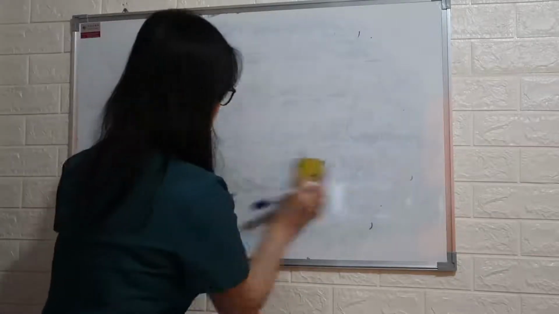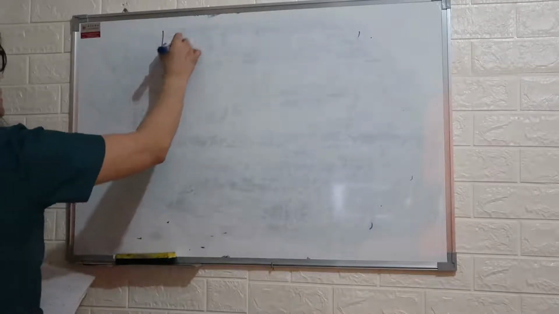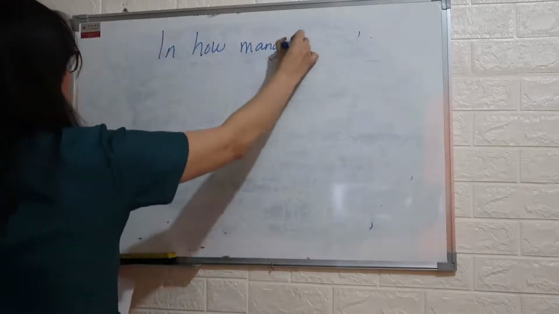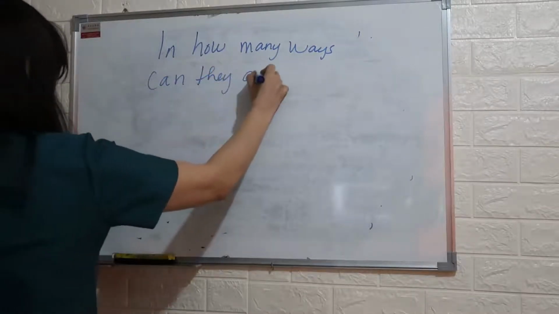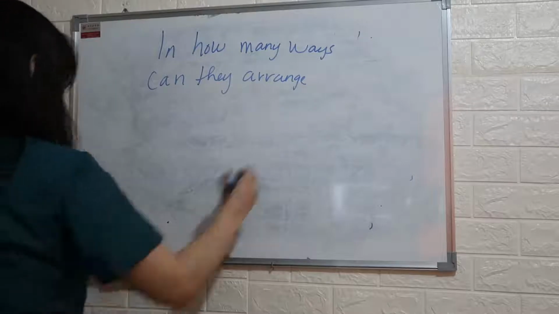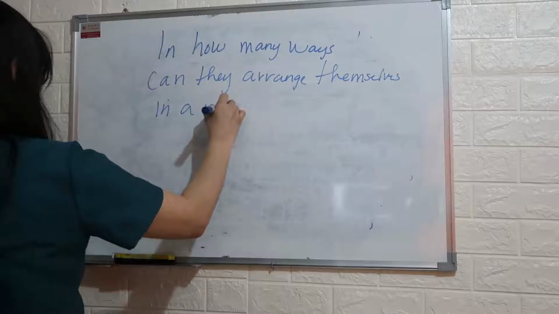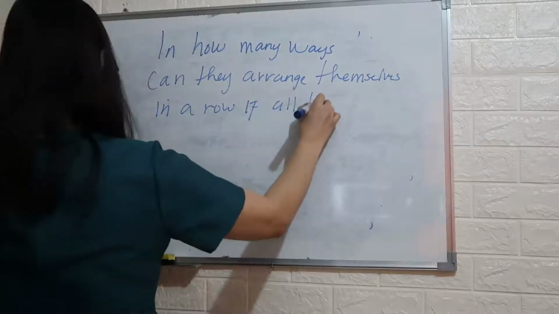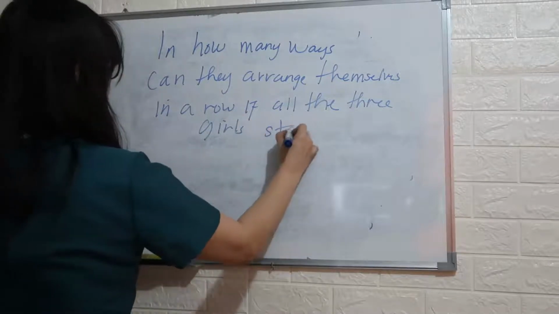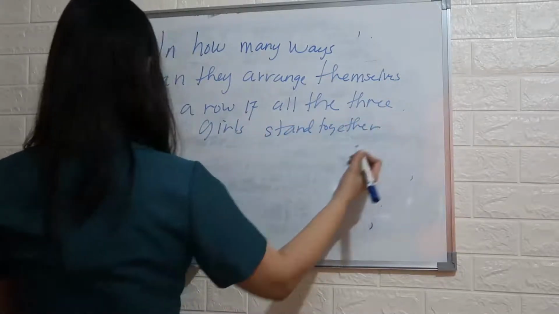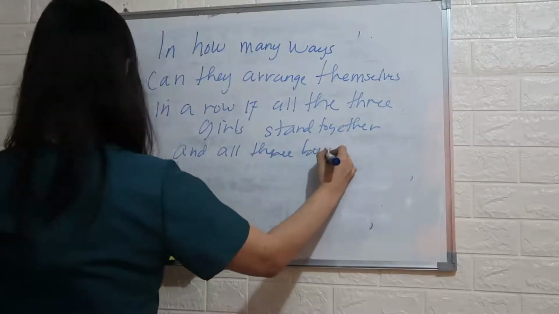Next. In how many ways can they arrange themselves in a row if all the 3 girls stand together and all 3 boys stand together?